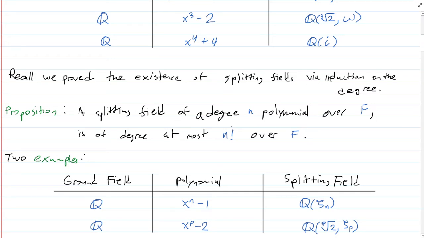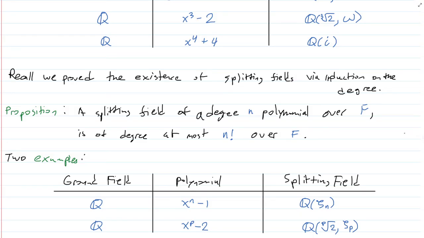So a splitting field of a degree n polynomial over F is of degree at most n factorial. Right? Good. Okay.